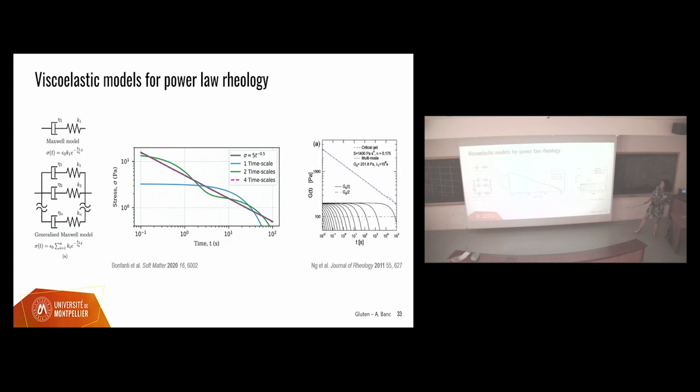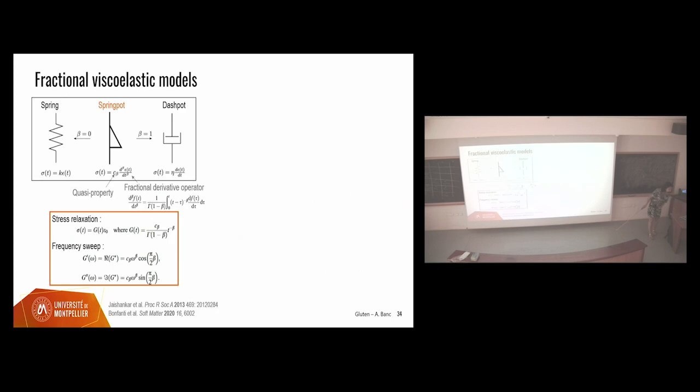However, using this, you need many characteristic times to fit your data. That's why another viscoelastic element, also introduced previously, was created. This is a spring pot. That is an intermediate between the spring and the dashpot.